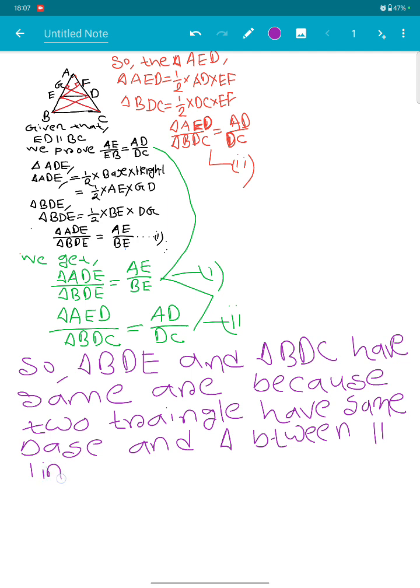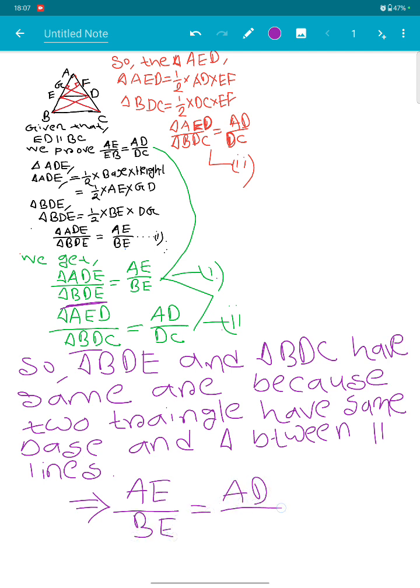Okay, that's why the two triangles have the same area. So if BDE and BDC have the same area, then 1 and 2 are equal. If 1 and 2 are equal, it implies that AE divided by BE equals AD divided by DC. Proved.